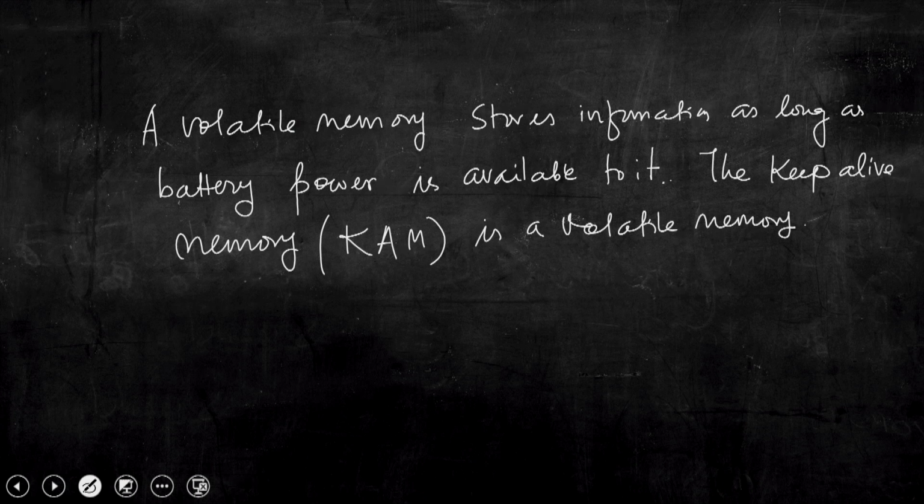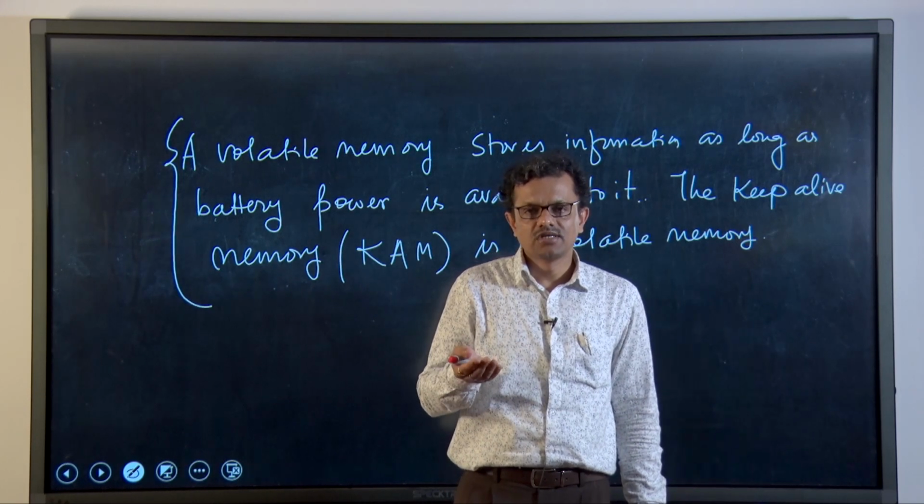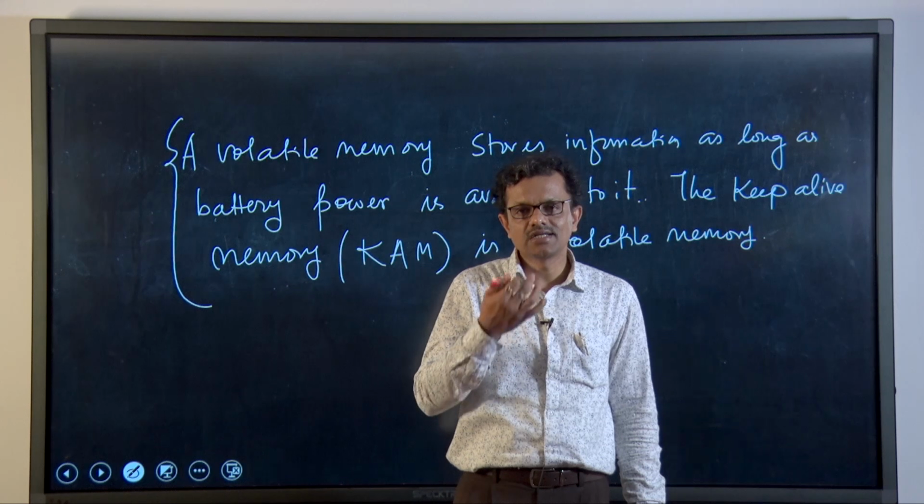So, if the power is lost, that power is off, battery power is off or battery charge is low, then all information will be lost, right. So, this is the volatile memory, right. So, all information in the memory chip will be lost if the battery is disconnected or battery charge is low.